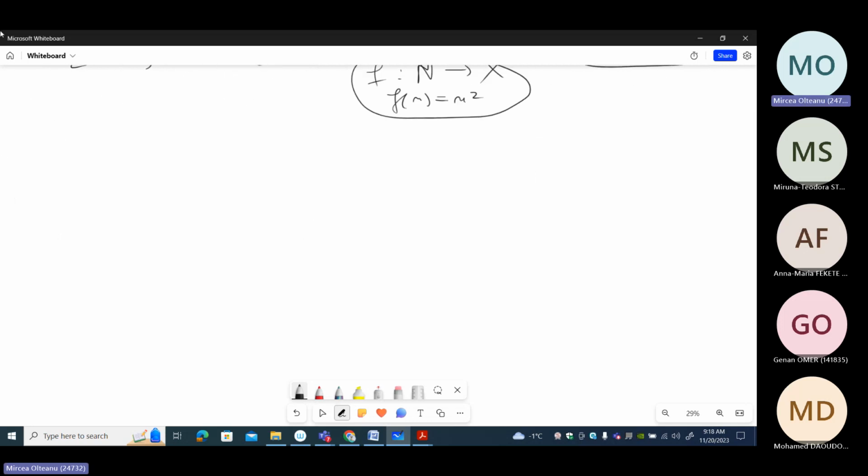Now, the definition of uncountable. A set is called uncountable if it has the following two properties.